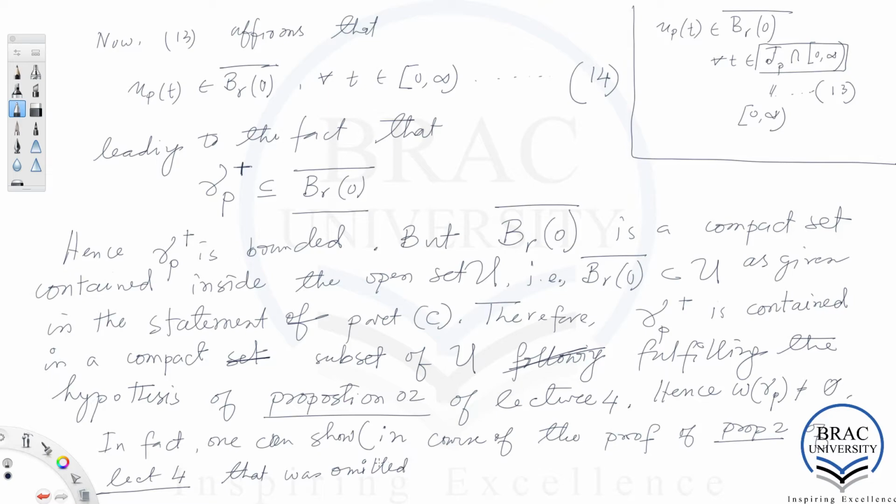Okay. But if you go over the proof from the standard text, you will see that this omega limit set of the orbit of p is going to be contained in the compact set B_R0. It is not just non-empty, it will be contained in the compact set in question. Okay, so QED.